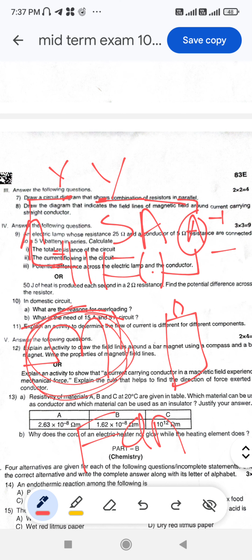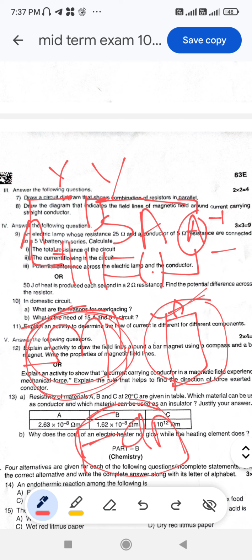Instead of that, if we place a torch bulb, it needs more electric current, right? And again, when we connect a fan, it also works in a proper way.